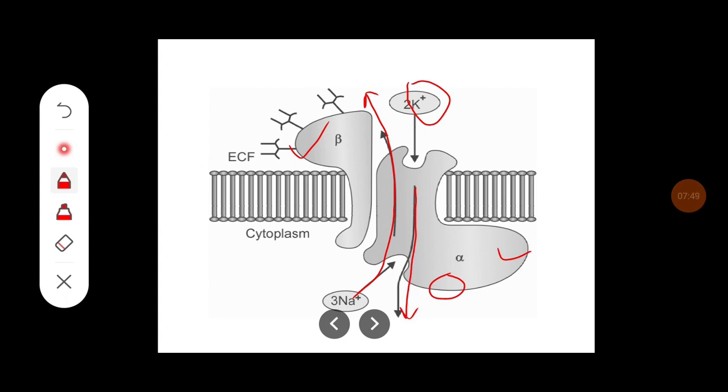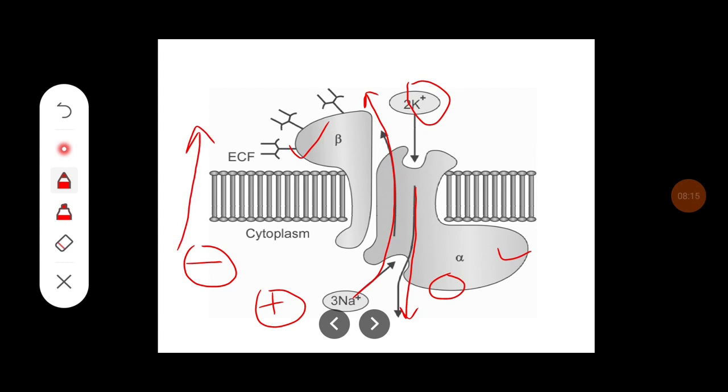So there is a net loss of 1 positive ion from inside the cell, and that is how the sodium potassium pump increases the negativity inside the cell. With the net loss of 1 positive ion, there will also be movement of water from intracellular to extracellular fluid.